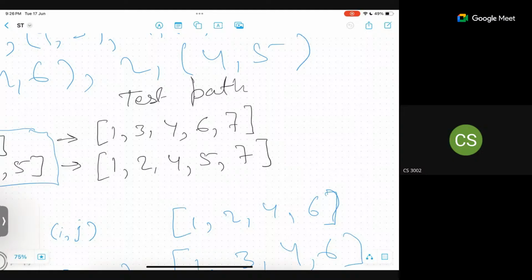If it is just going through all definitions and it is not reaching every use for every definition, meaning it is not going through all du pairs, then it cannot be all uses. And if it is not all uses, it cannot be all du paths. So you can only give all defs for that. If the number of test paths, first of all, has to be equal to the number of du pairs. And if it is going through all du pairs, right?